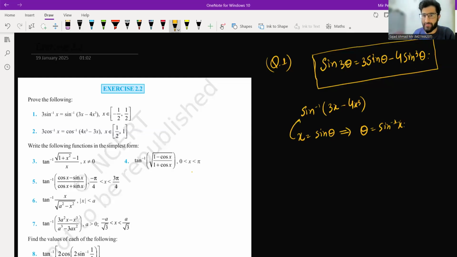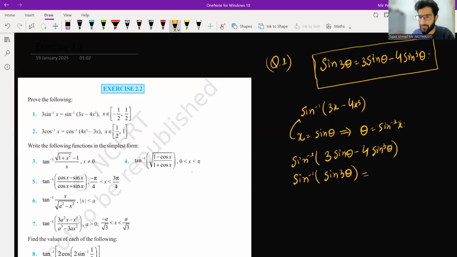So using this here, we get sine inverse of 3 times sine of theta minus 4 times sine cube theta. So this will be sine inverse of sine of 3 theta, which is equal to 3 theta, which is equal to 3 times sine inverse of x. This is what we have to prove.